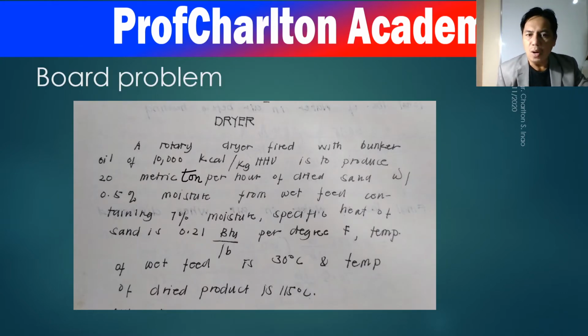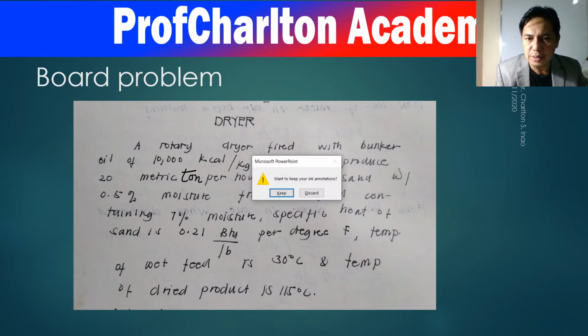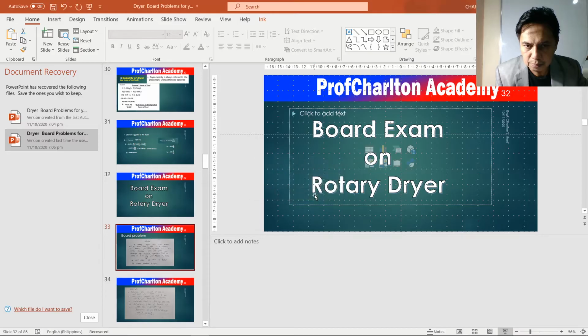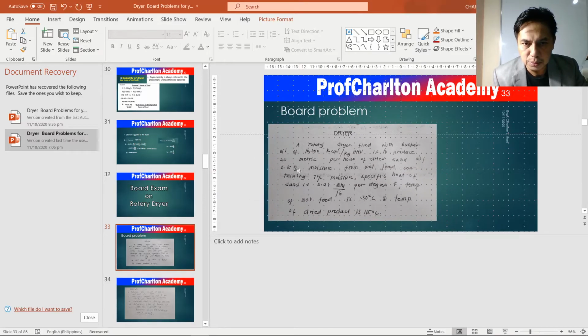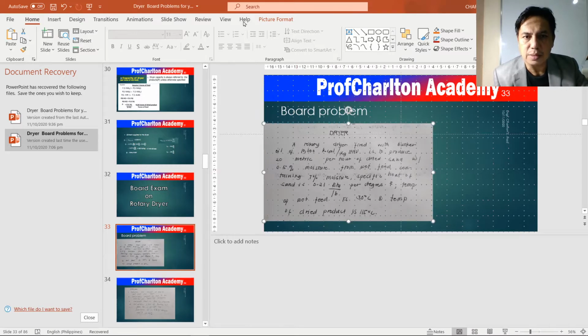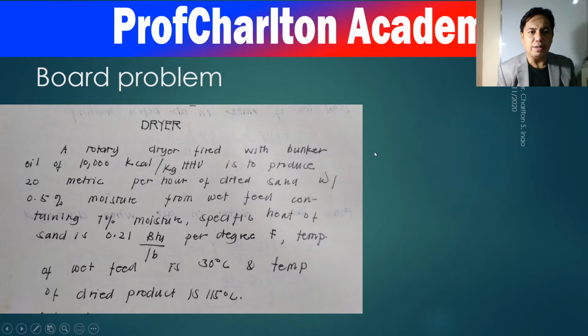Now we go back to this page, and we are going to leave some space here so that we can write.